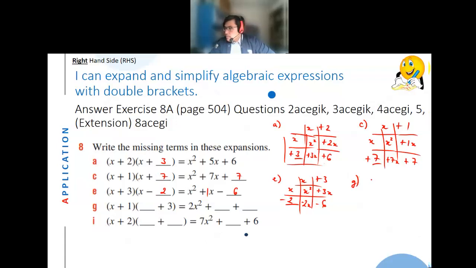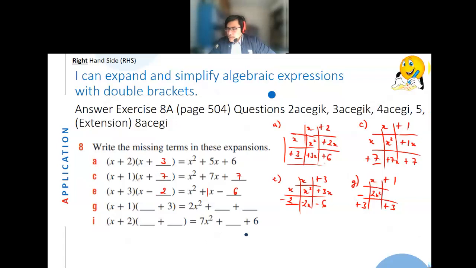Right, G, we've got x plus 1 and then something plus 3. We want 2x squared in here. We also know that plus 3 times plus 1, a positive and a positive, is a positive. 3 times 1 is 3. So how can we get 2x squared? Well, what do we multiply with x to get 2x squared?